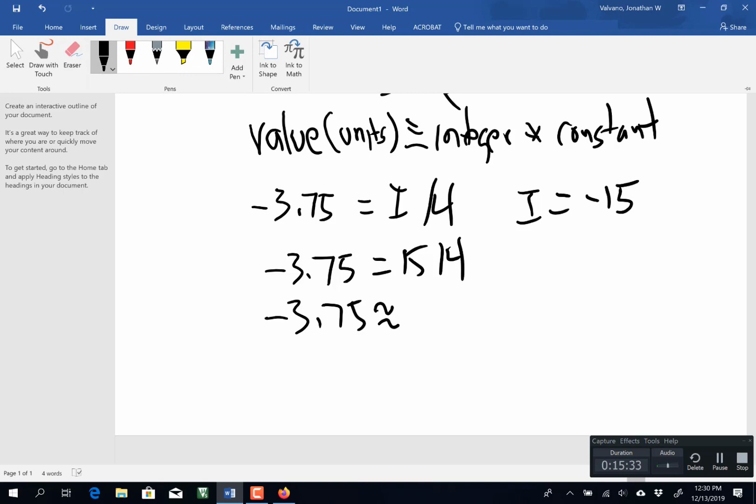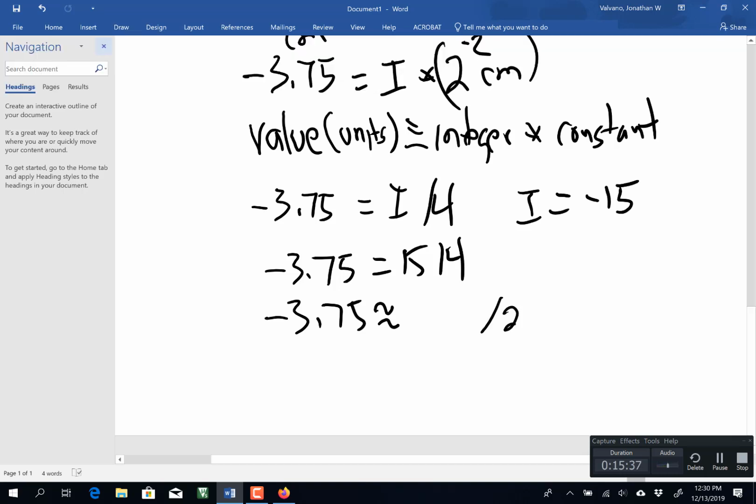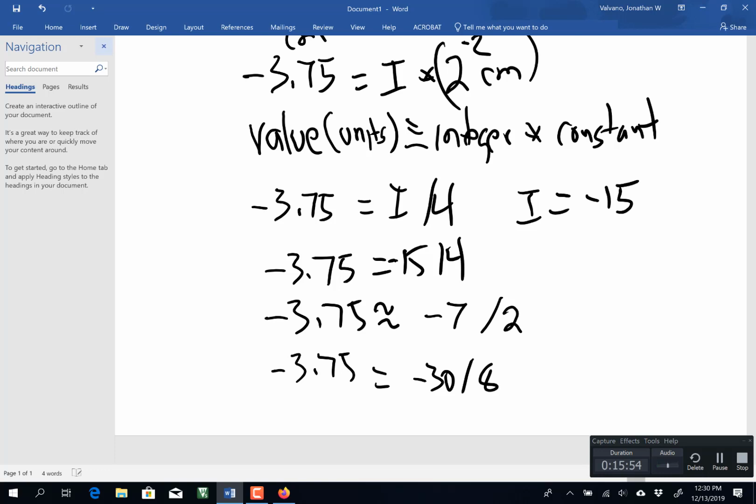Whatever, 30. Okay, I want something divided by 2. That would be 7. Yeah, minus 7. Okay. I could go minus 3.75 is exactly equal to minus 30 over 8. Right.